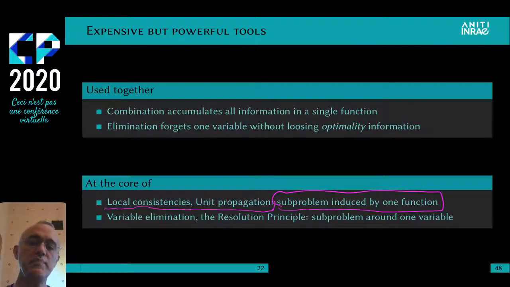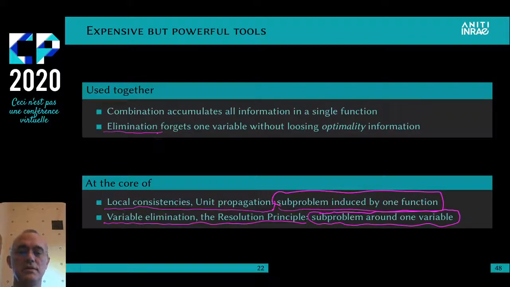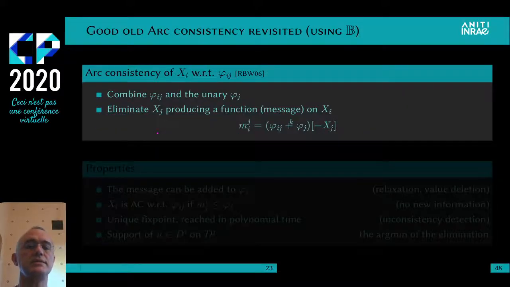And if we apply them instead on sub-problems which are defined around one variable, so a variable plus all the functions that connect this variable to the rest of the problem, we are instead looking at variable elimination and the resolution principle. The nice thing is that elimination computes a minimum, so it produces a relaxation, which means it produces implied information in the Boolean case.